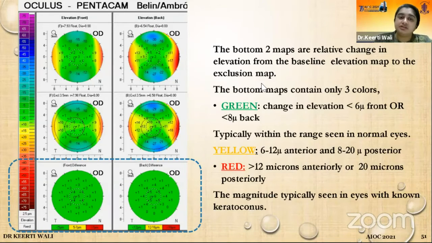This gives the difference between the two of them, the regular BFS and the enhanced BFS difference. Green means it's normal, yellow is a borderline difference, and red shows that it's a pathological change, the magnitude that we typically see in keratoconus patients.